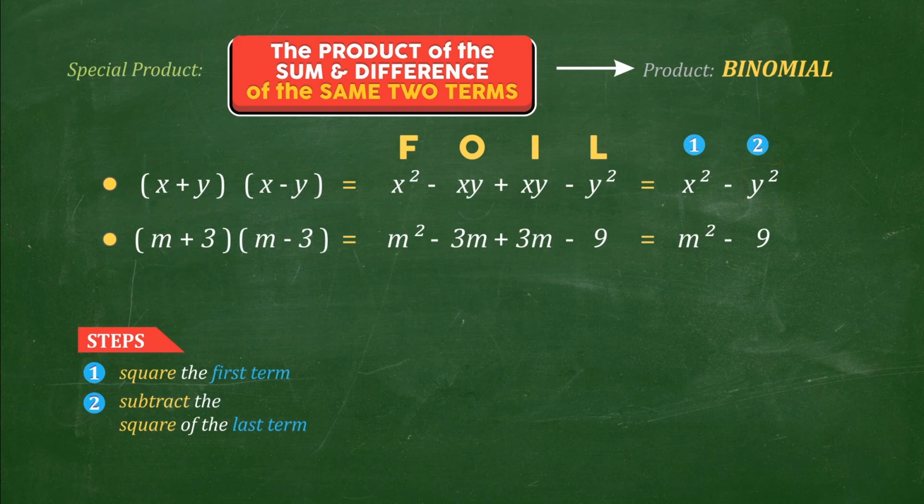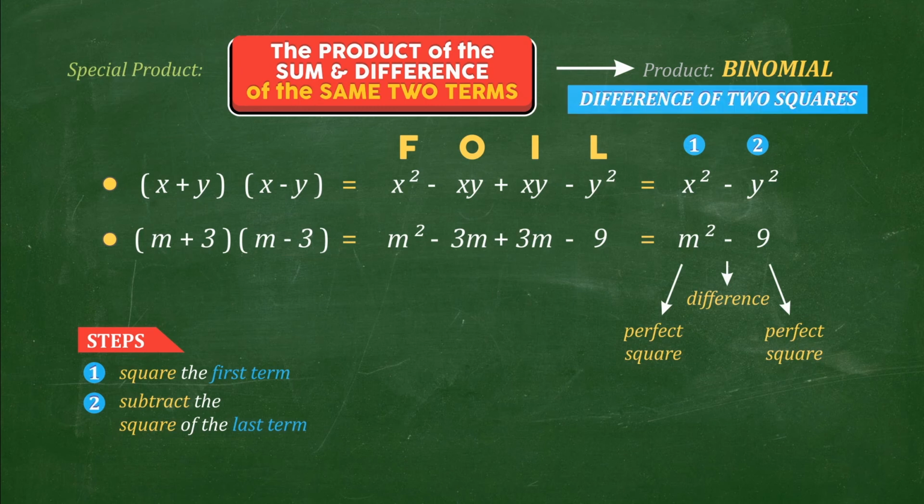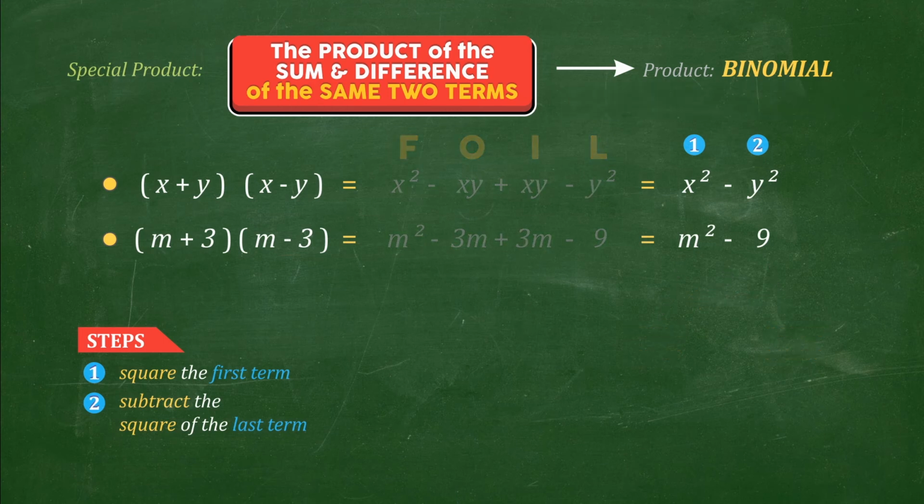Easy, right? Also, take note that in the binomial answer, this is a perfect square, this is also a perfect square, and this is a difference. That's why the answer is called a difference of two squares. A topic for another tutorial. Again, we can skip this FOIL part and let's apply these shortcuts to some examples.